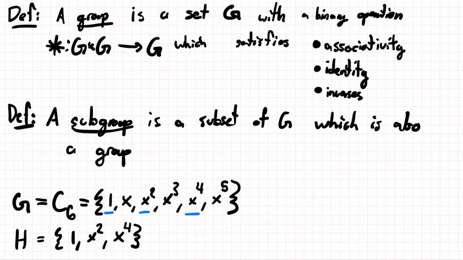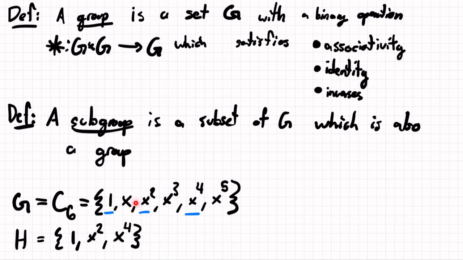So associativity. Well, multiplication in H is really the same as multiplication in G. So associativity, I know from G. Identity, yes, H has an element that's the identity. And the inverses. So in the group C6, x squared times x to the 4th is x to the 6th, which is 1.